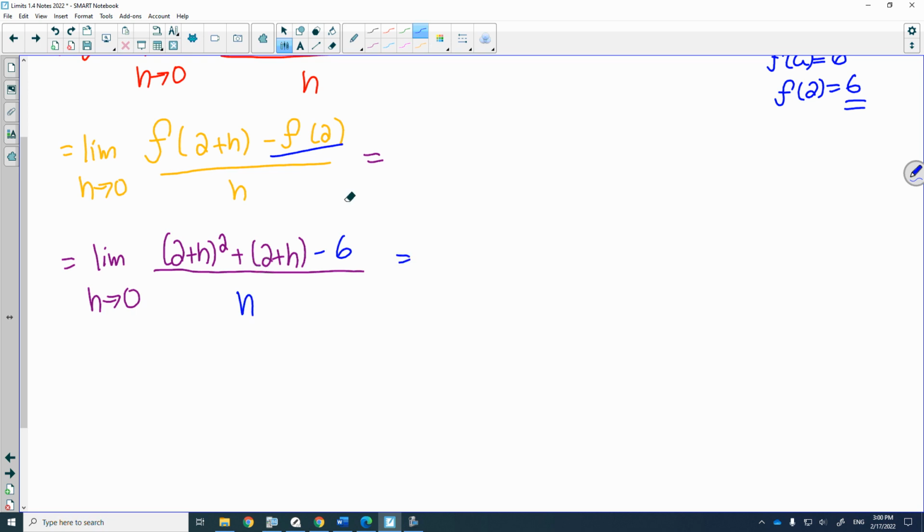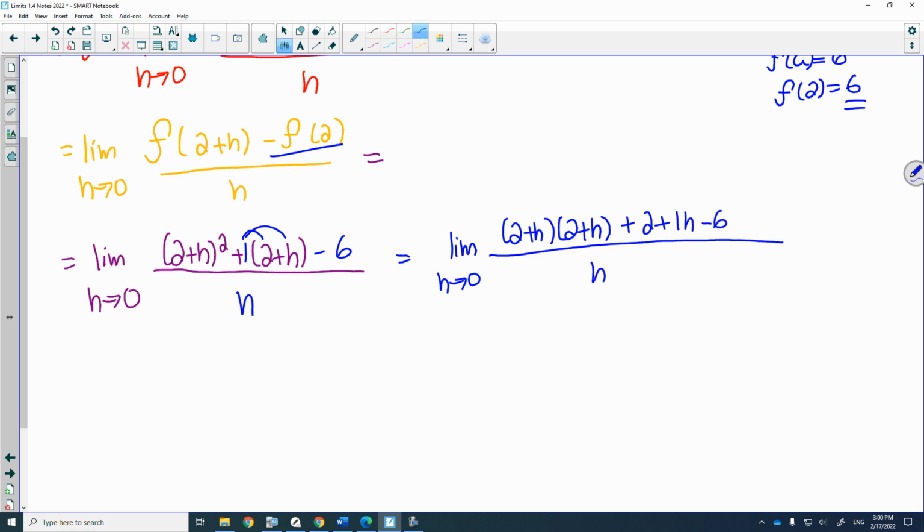From here, we've got a binomial squared, so I'm going to write that binomial twice, and we're going to expand it. So the limit as h approaches 0 of 2 plus h, 2 plus h. There's an invisible 1 here, so I could get rid of that bracket. Plus 2 plus 1h minus 6 all over h.